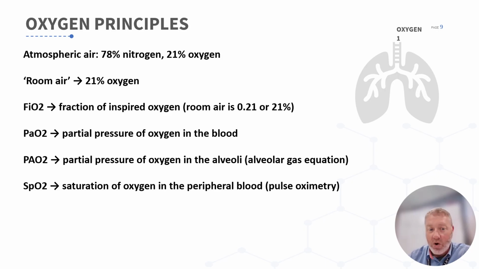PaO2, that's a small a, that's the partial pressure of arterial oxygen in the blood, and that is derived from an arterial blood gas. P big A O2, that's the alveolar oxygen or alveolar gas equation. That takes everything into account from barometric pressure and the patient's PaCO2, carbon dioxide in the blood.